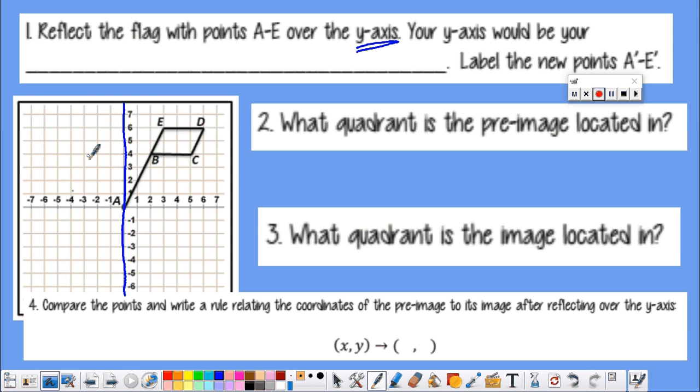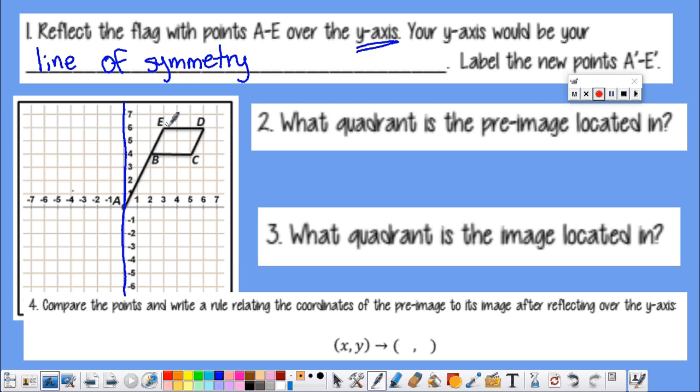So what is that going to make our y-axis? If we were maybe to fold along that line, then it would make our y-axis the line of symmetry. That's exactly right. So in that top line, our y-axis will be our line of symmetry. Very good.